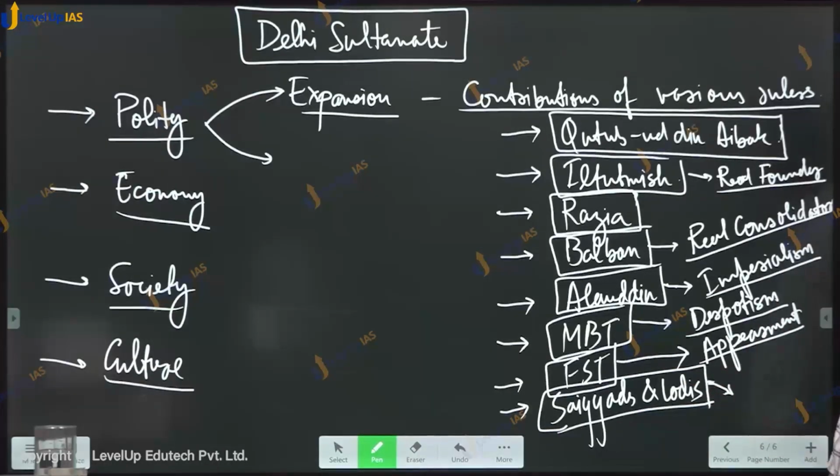Especially during the Lodhi period, the Afghan concept of kingship became quite relevant.